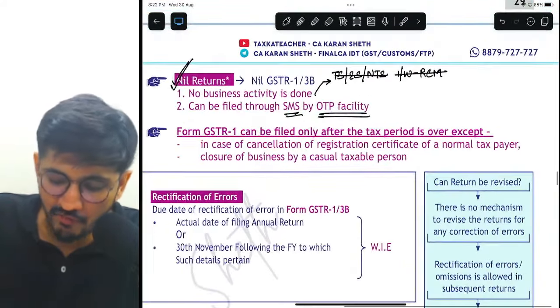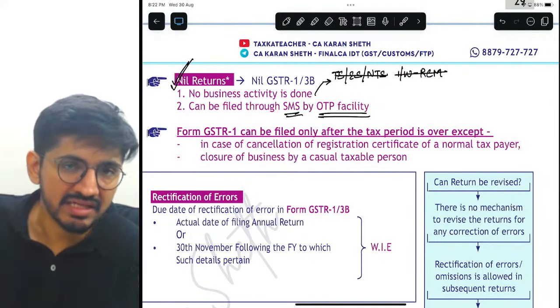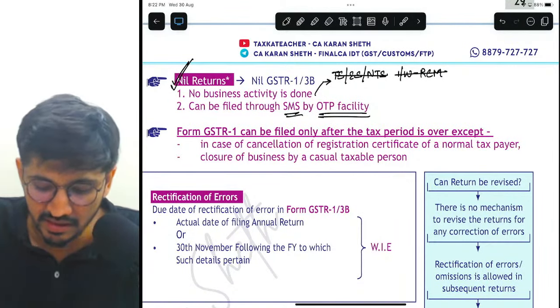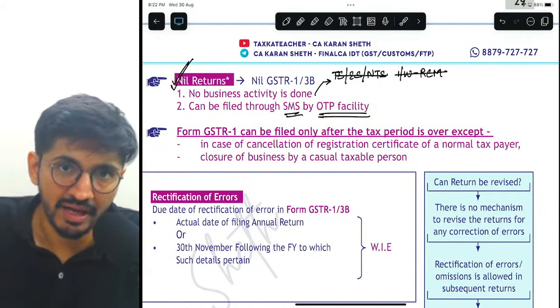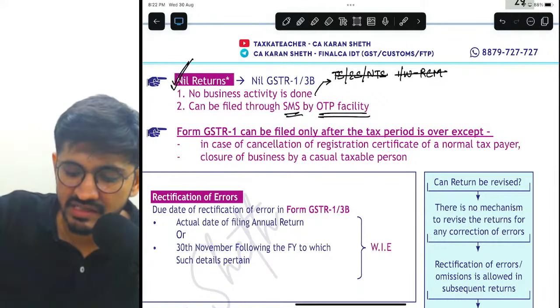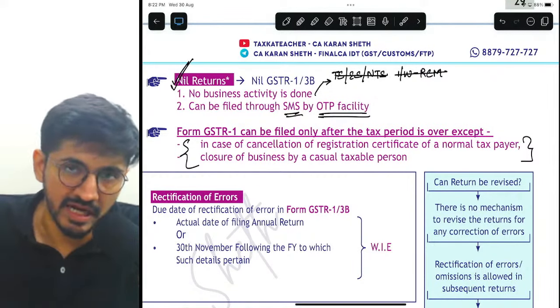Now, form GSTR-1 can be filed only after the tax period is over. Understand this very important thing: in case of cancellation of registration, and closure of business by a casual taxable person, these are the two cases where GSTR-1 you can file even before the tax period ends.